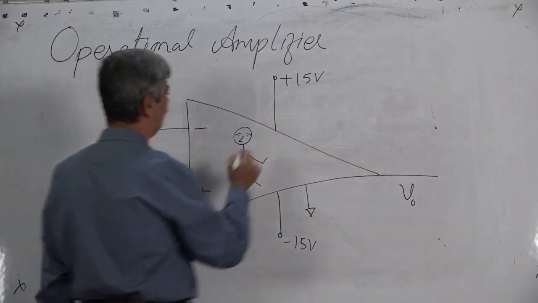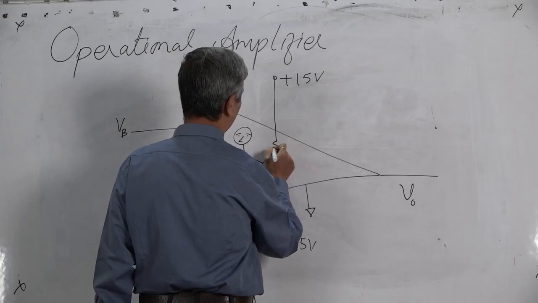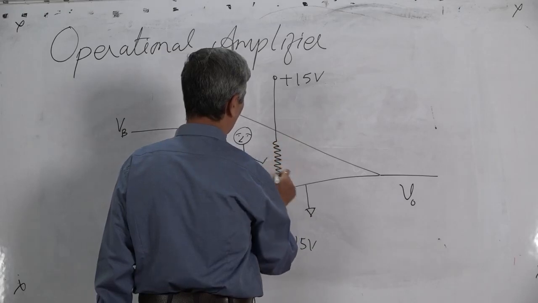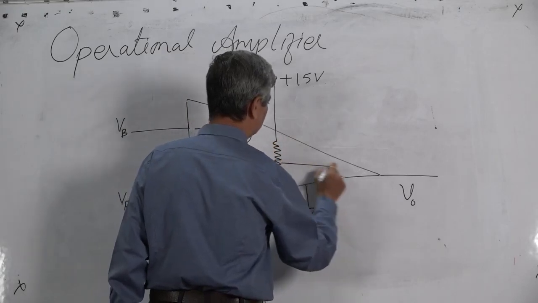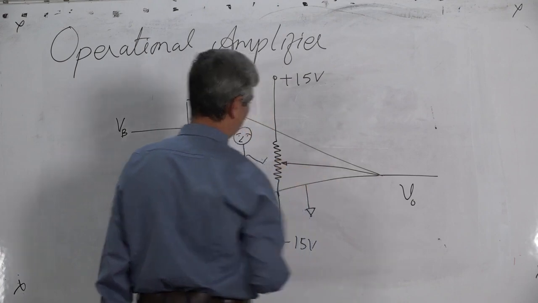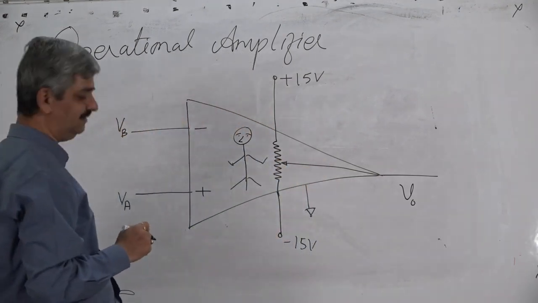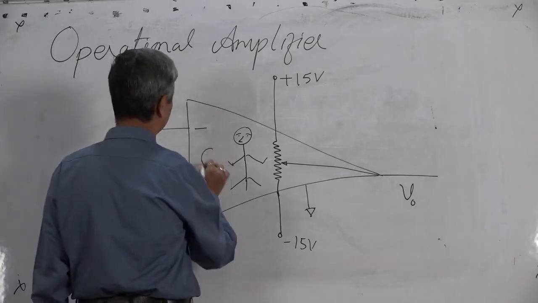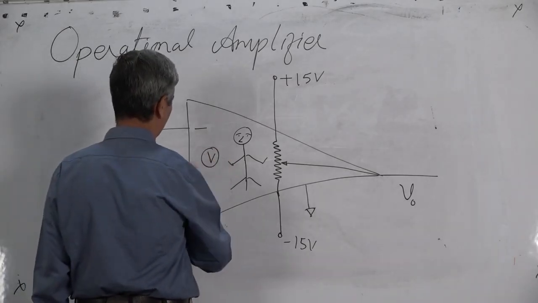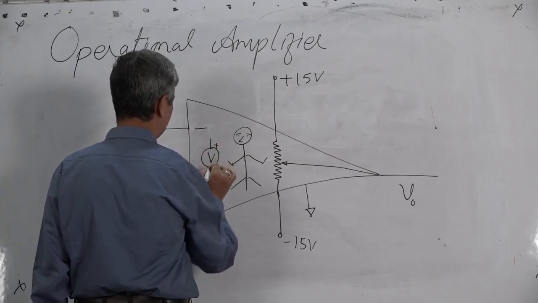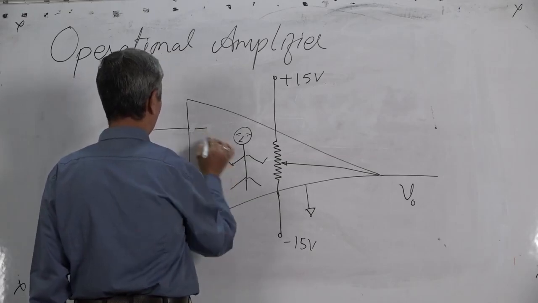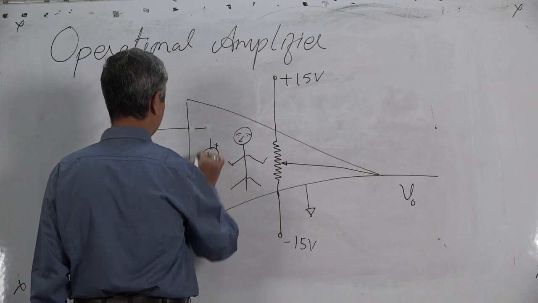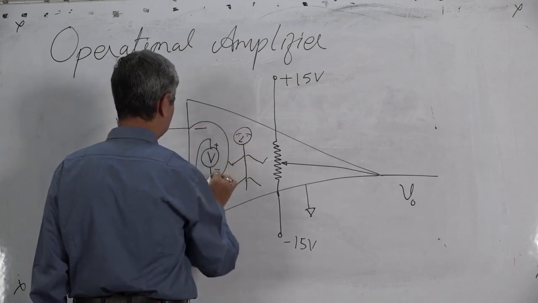Now let us have one potentiometer, a 3-terminal device like a rheostat you have studied in standard 11th, 12th. Then you have studied the voltmeter. So we put a digital voltmeter, which everybody has now. It has 2 terminals, plus and minus. So you connect this terminal here, and this terminal here.